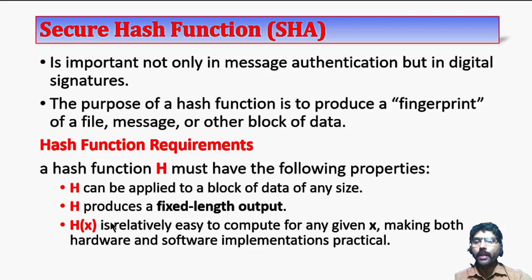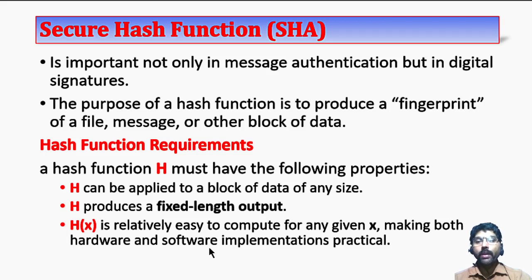And the third property is H function is relatively easy to compute for any given X, making both hardware and software implementation practical. The computation done in the hash function should be very easy so that it can be implemented on any hardware or using a different software. That indicates the hash function can be used in any hardware which is developed by different companies.